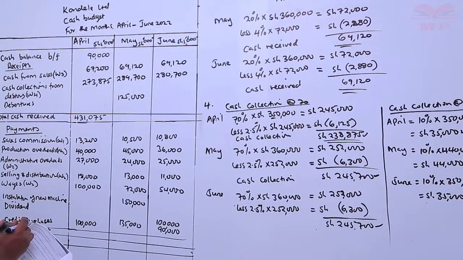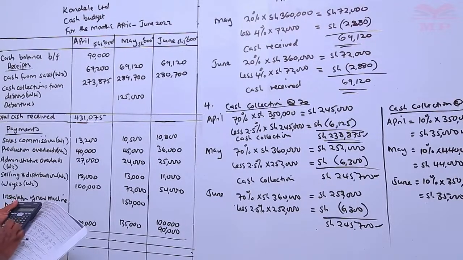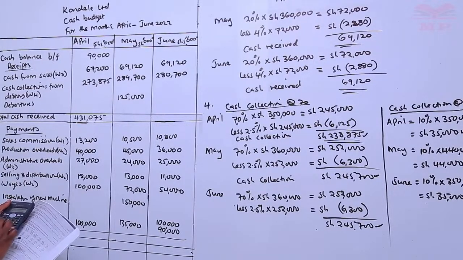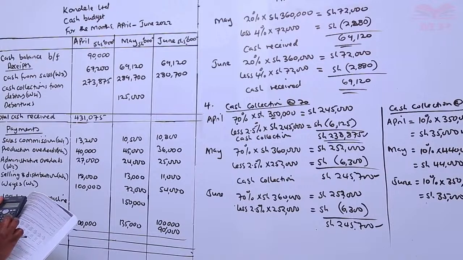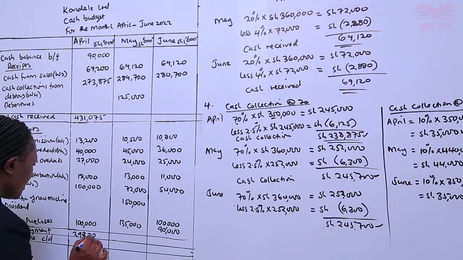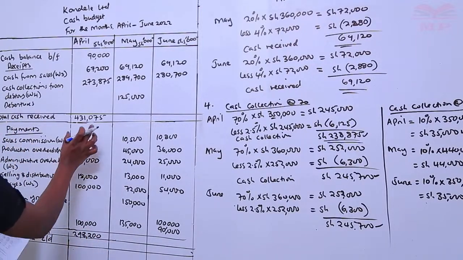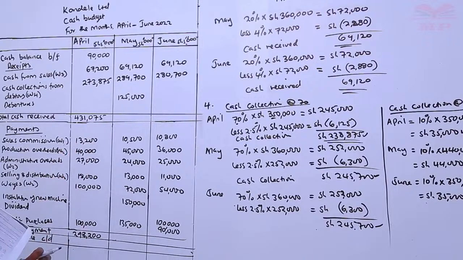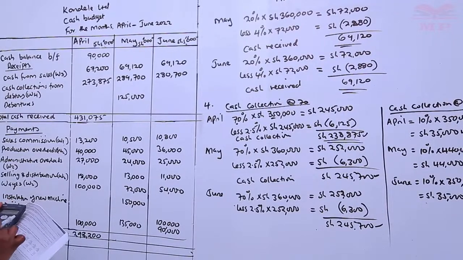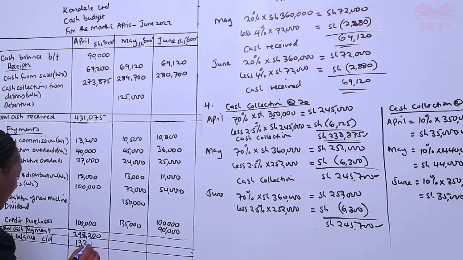So this is 298,200. So the cash balance is cash received minus cash payment, which will give us 132,875.